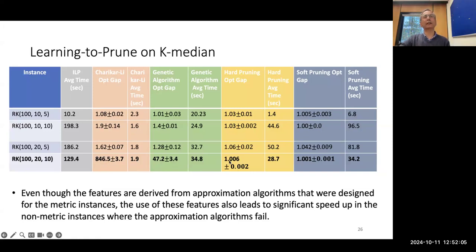We see that the hard pruning and the soft pruning approaches give us near optimal solutions. So the important lesson for us was that even though the features we used in the learning to prune were derived from the approximation algorithm that was designed only for metric instances, the use of these features also led to significant speed up in the non-metric instances where the original approximation algorithm failed completely. So this was a very important lesson that we learned from this particular experiment.